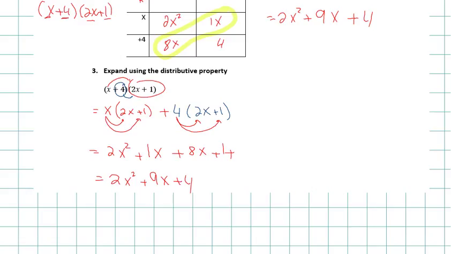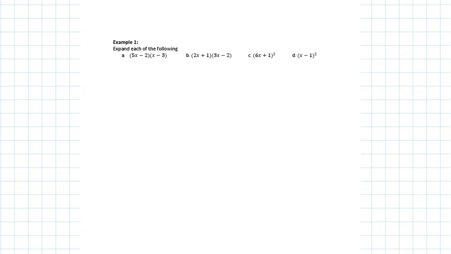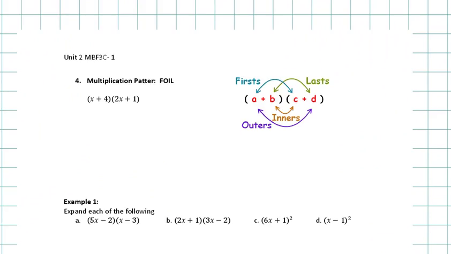This is the method that's mostly used. It is called the FOIL method, and it comes from the acronym first, outer, inner, last. As you can see, you have to multiply the first term by the first term. Then you multiply the first term again by the last term, so we call them the outer.